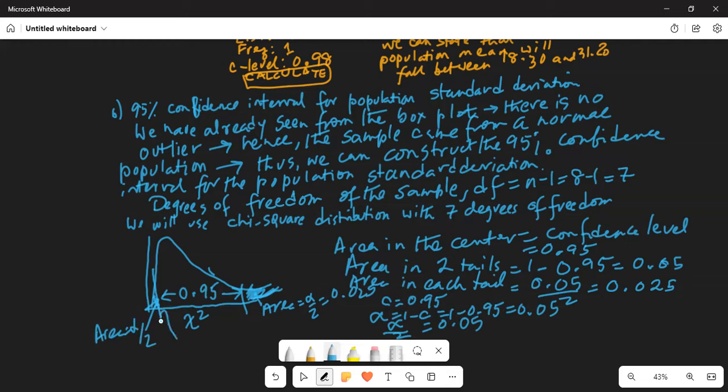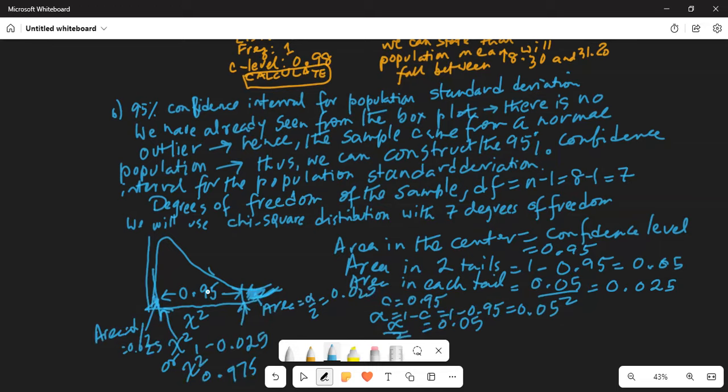The critical values of chi-square are this and this. However, they are indicated by the area to the right of them. Remember, the area in the left tail is 0.025, so the area to the right of it is 1 minus 0.025, or chi-square 0.975. That is this critical value.